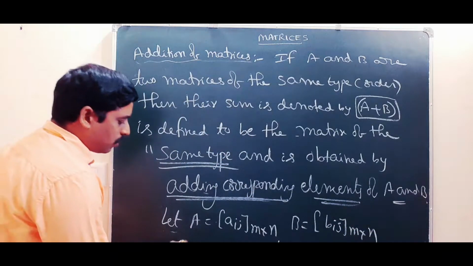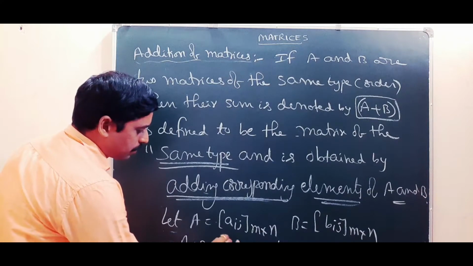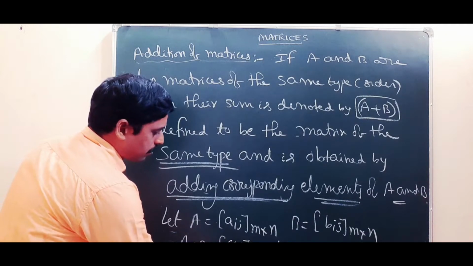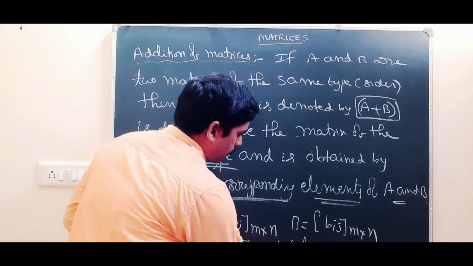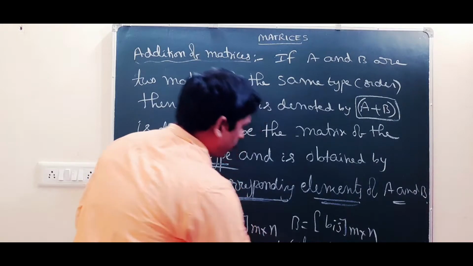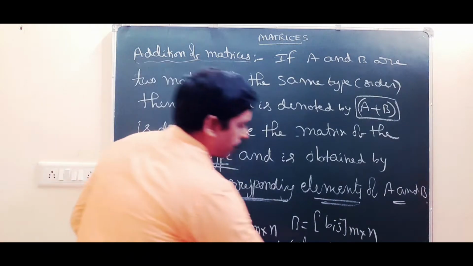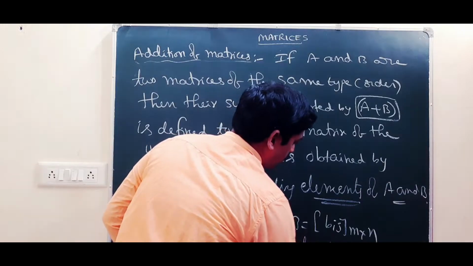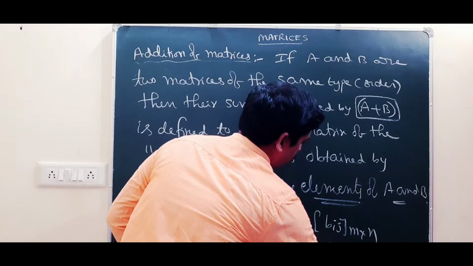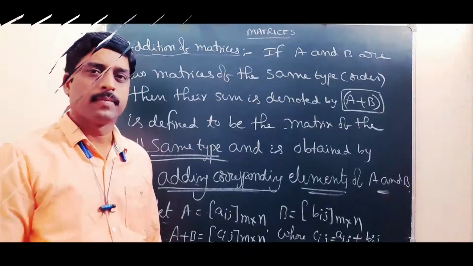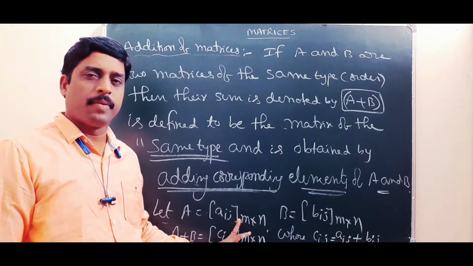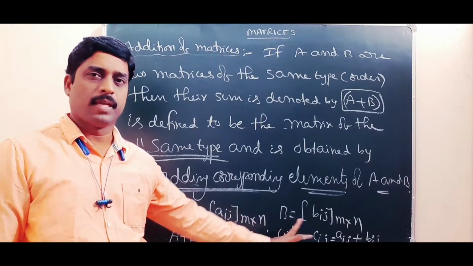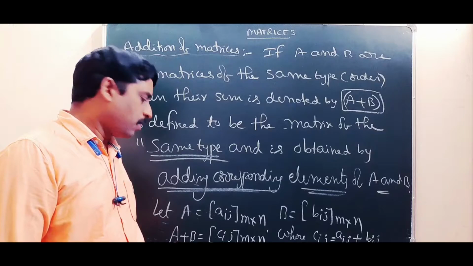So the addition A plus B is Cij, of order m by n, where Cij equals Aij plus Bij. So the order of A plus B is also m by n.